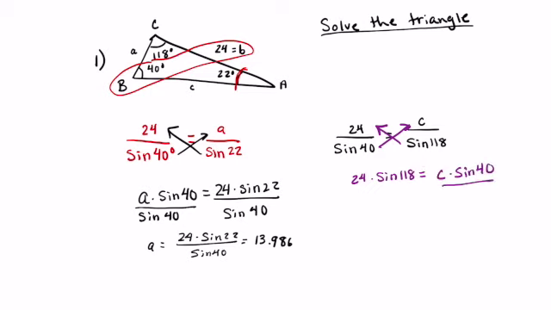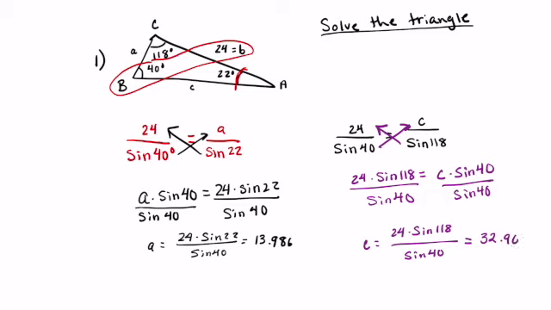Divide both sides by the sine of 40, and I get c equals 24 times the sine of 118 over the sine of 40, which equals 32.966. And that's it. That gives us all the values that we're looking for. We have solved the triangle. We find each piece, all angles, all sides.